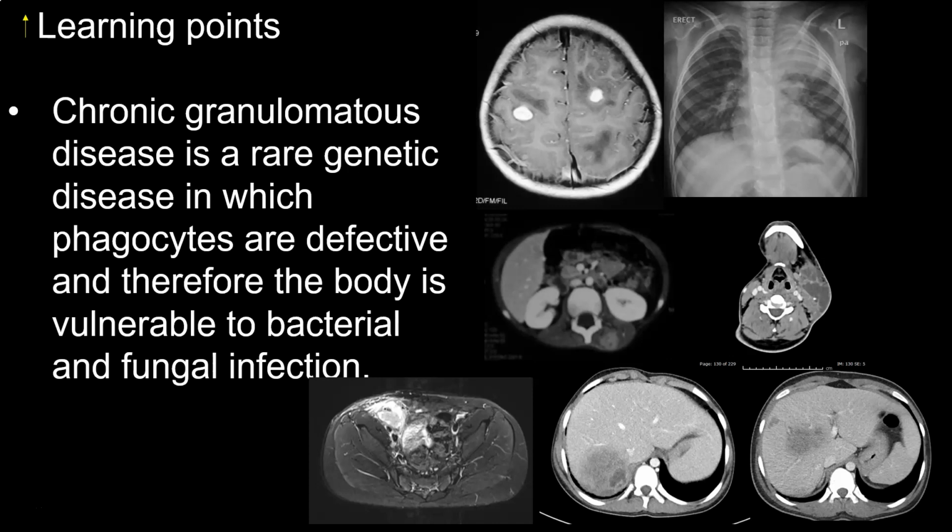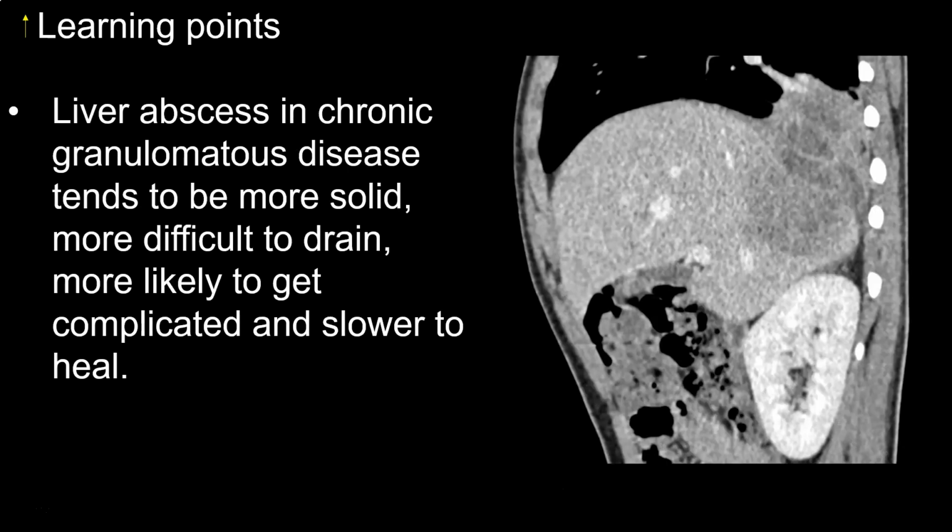Chronic granulomatous disease is a rare genetic disease in which phagocytes are defective, and therefore the body is vulnerable to bacterial and fungal infections. Liver abscess in chronic granulomatous disease tends to be more solid, more difficult to drain, more likely to get complicated, and slower to heal.